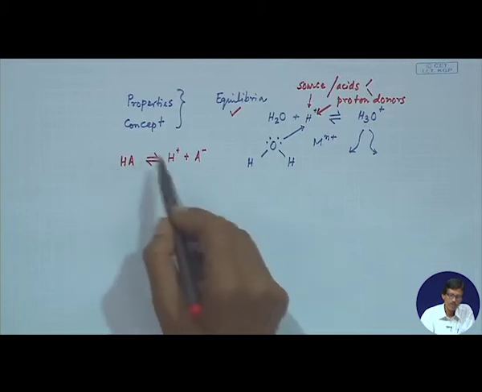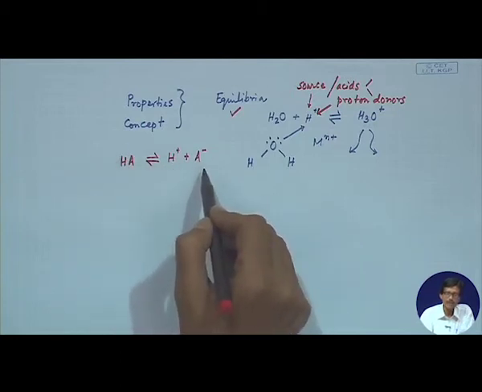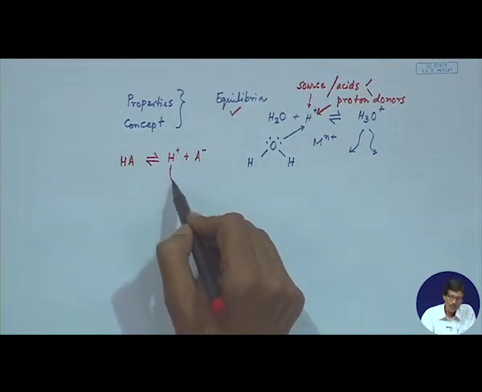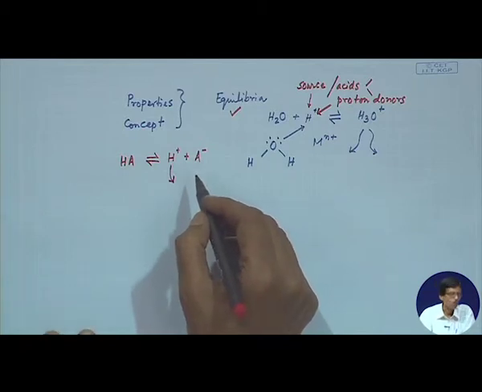That means, what percentage of HA is getting dissociated into H plus and A minus. That will also tell us how much of this H plus is being provided to the solution after dissociation.